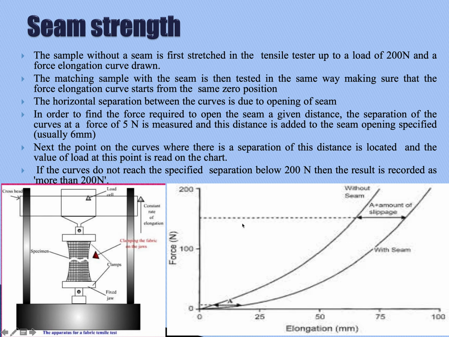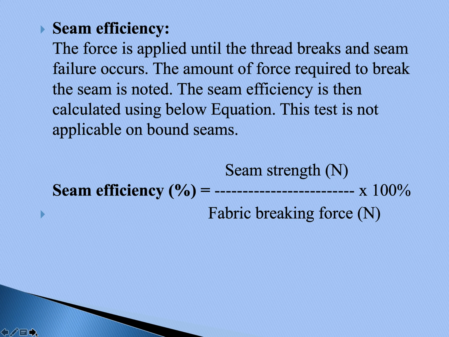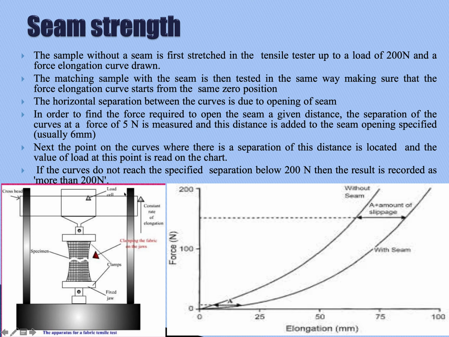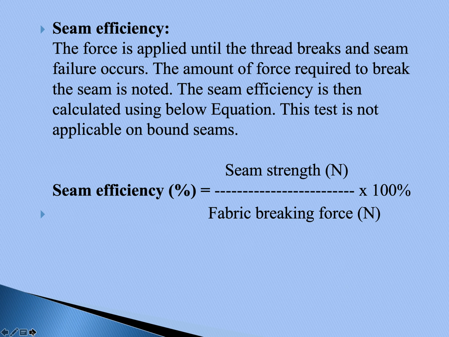For example, here it is showing this point where the value of the load can be determined. If the curves do not reach the specified separation below 200 newtons, then the result is recorded as more than 200 newtons.